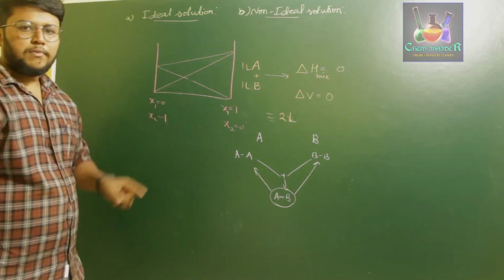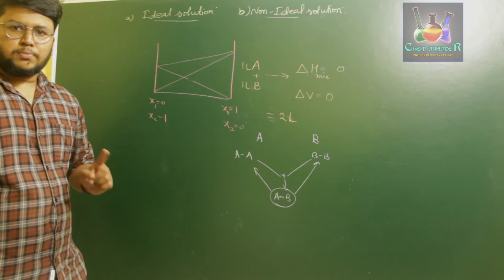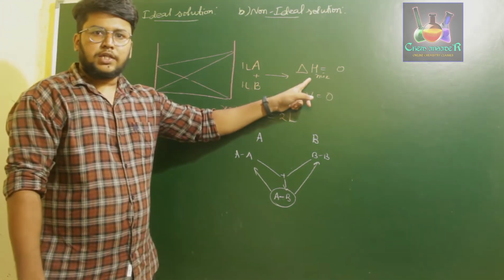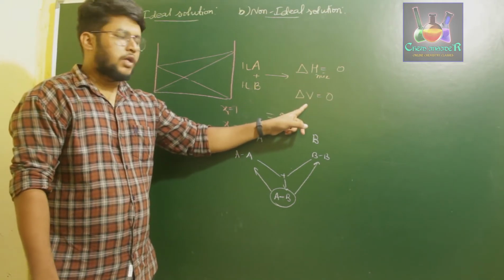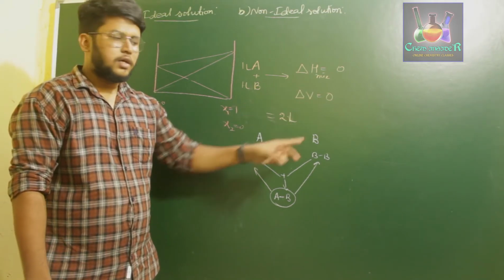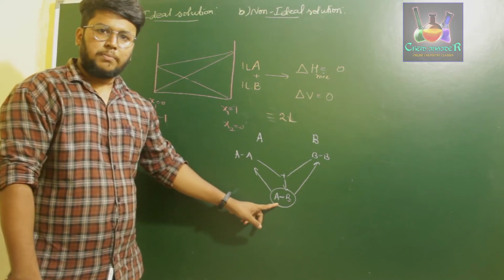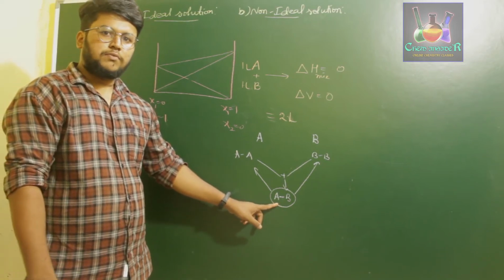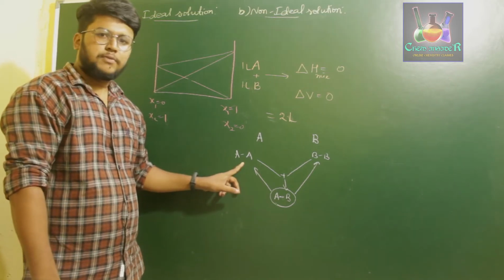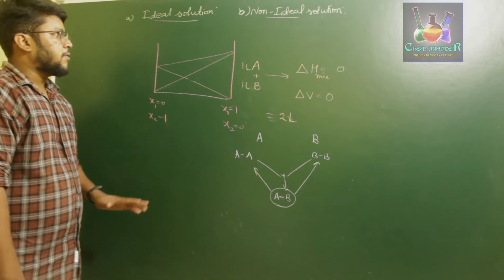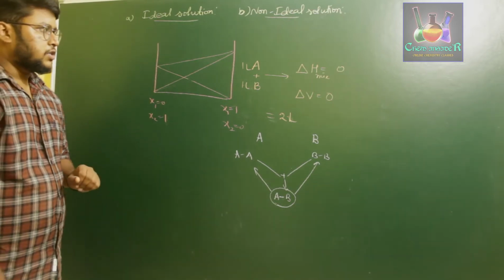One, they follow Raoult's law in all possible concentrations. Second, they won't have any change in enthalpy or change in volume on mixing. And third, the interaction between solute and solvent particles will be the same as the interaction between two solute particles and two solvent particles. Those types of solutions are called ideal solutions.